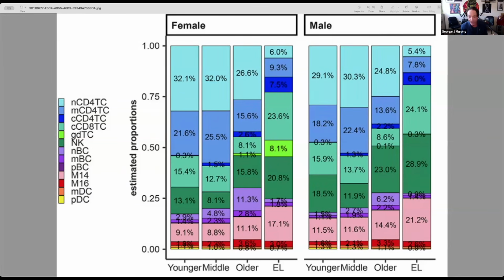But the hypothesis we have now, and I have no data to prove this, but we're working through it, is just like you can have detrimental mutations that lead to leukemogenesis, blood cell cancer, cardiovascular disease as you age and as you increase this clonality, you can also have beneficial mutations. So the one thing that we didn't see was these detrimental oncogenesis driver mutations in the centenarians that led to the clonality.